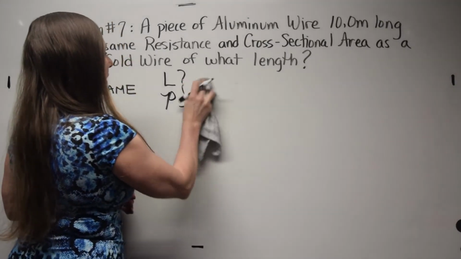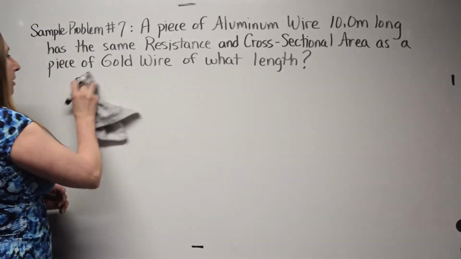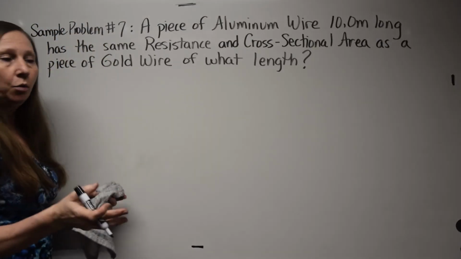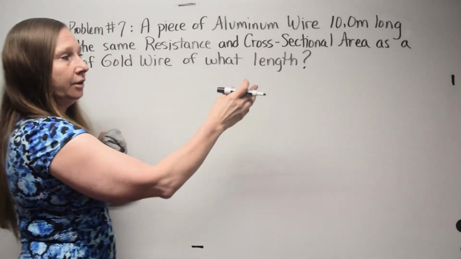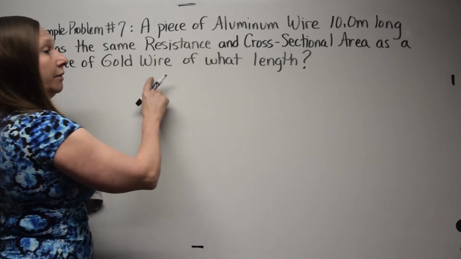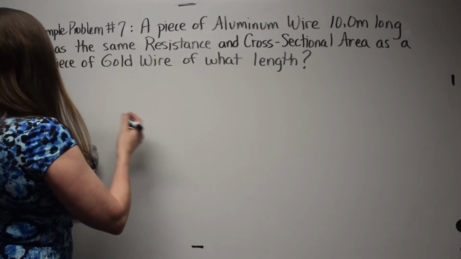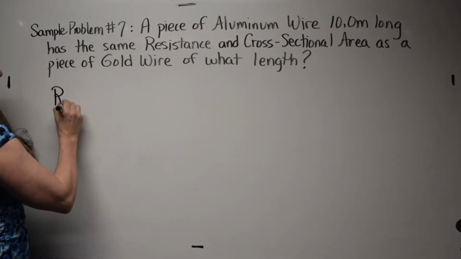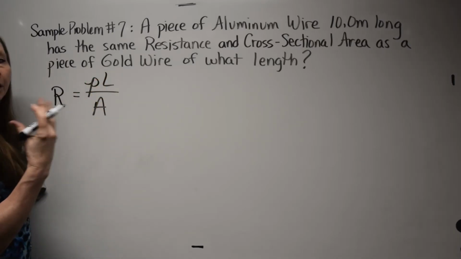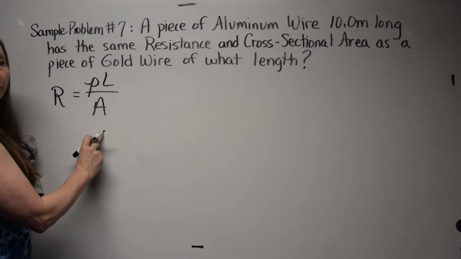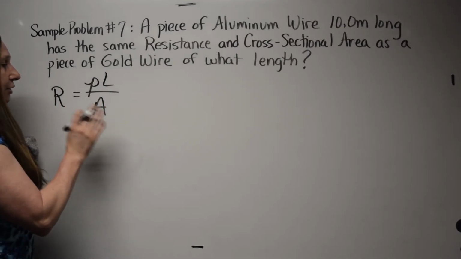I'm going with the wire equation because I see all the components of the wire equation here. We've got resistance, cross-sectional area, length. We can look up the resistivity of aluminum and gold. So this is the equation that I'm thinking is going to help me out. But of course, I've got a problem. I've got two unknowns. I don't know R and I don't know A.